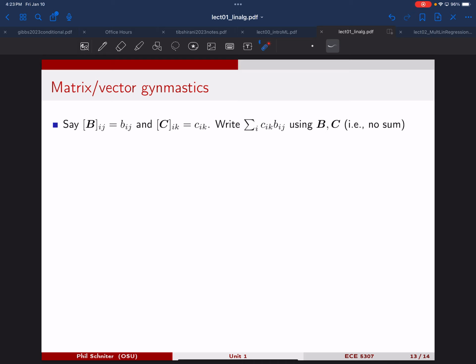So in particular, let's just say that this B matrix has little b_ij as the ith row and jth column, and this C matrix has little c_ik as the ith row and kth column. So our objective is to write this summation without the sum and using the matrices. And this is something that we'll see an example of, I think, later today when we get into the machine learning.